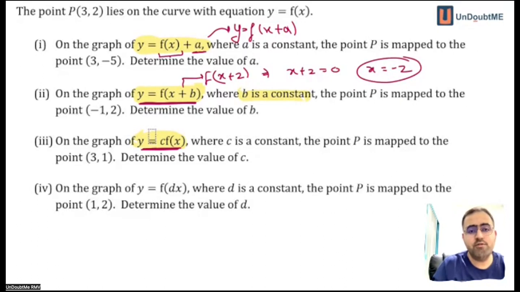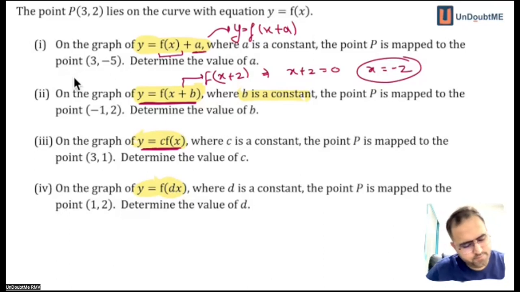If the c value is fractional, let's say 1/2 or 1/3, then the amplitude will go down by that factor. c can be anything, but depending on its value, we finally conclude. And the last one is f(dx). So, a horizontal stretch. Correct.